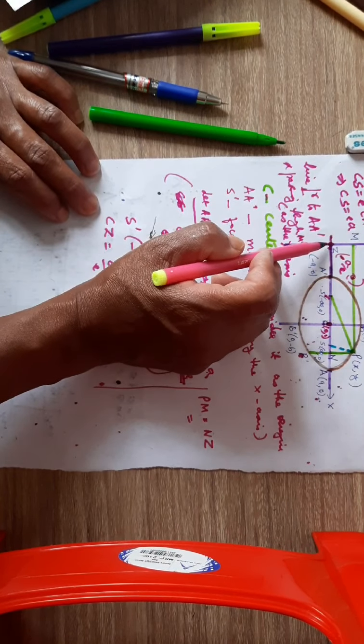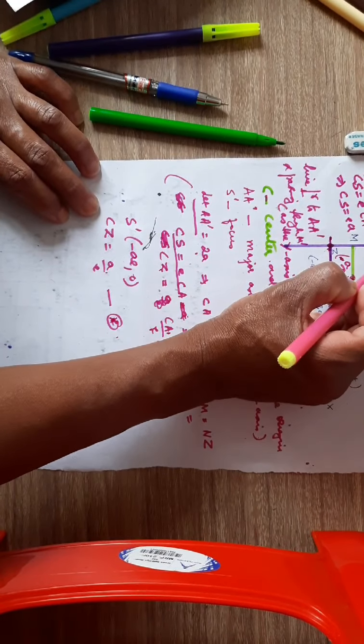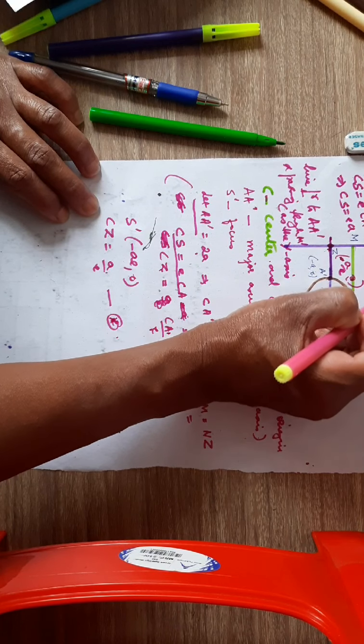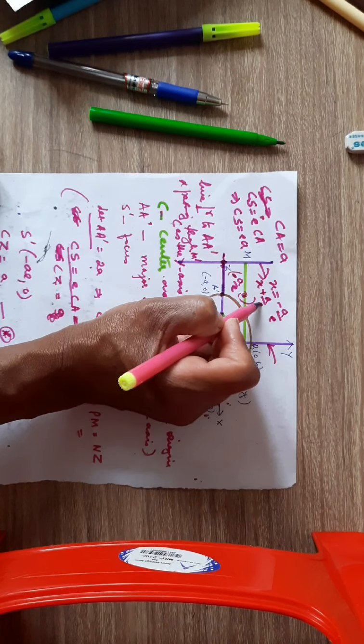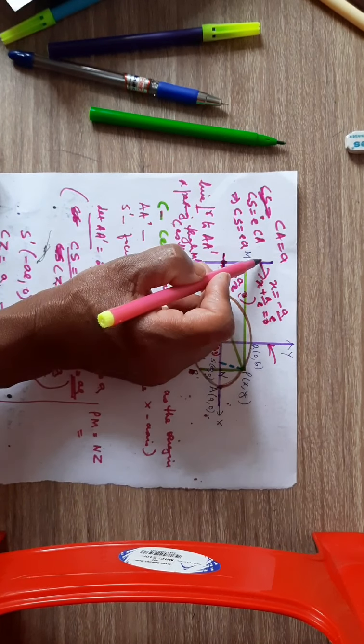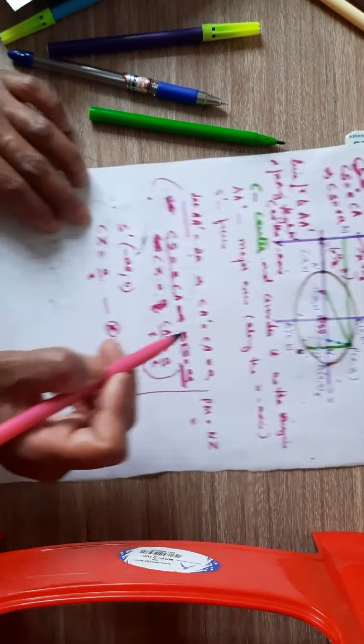That means the equation of this directrix for the ellipse will be x is equal to minus A by E, or x plus A by E equal to 0 is the equation of the directrix of the ellipse.